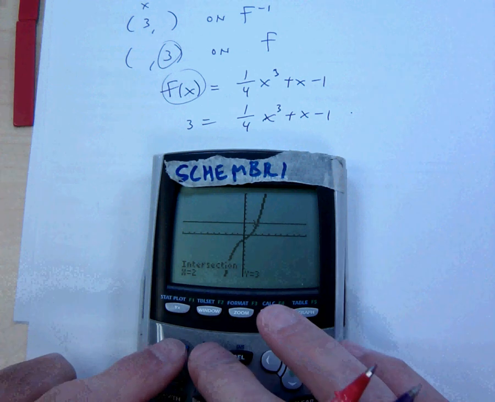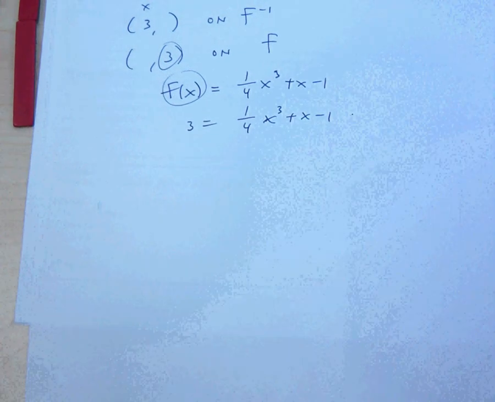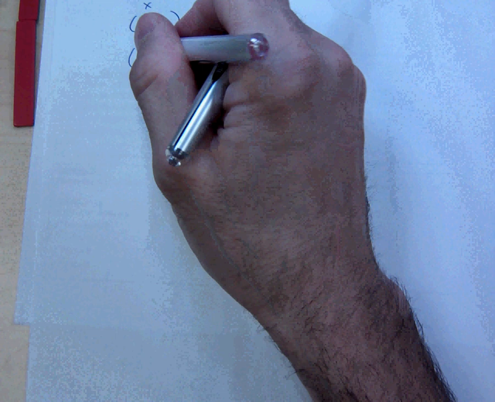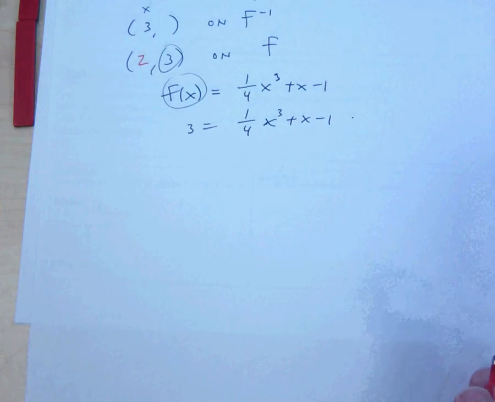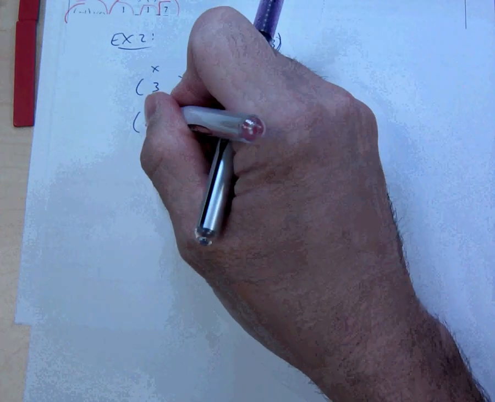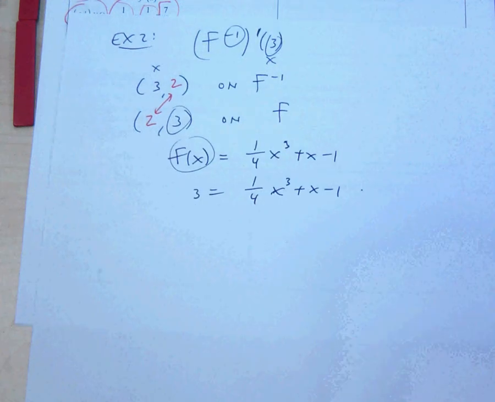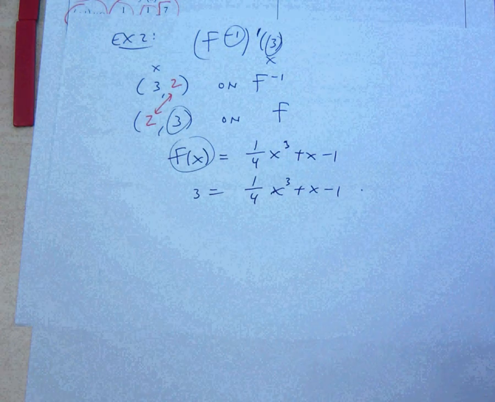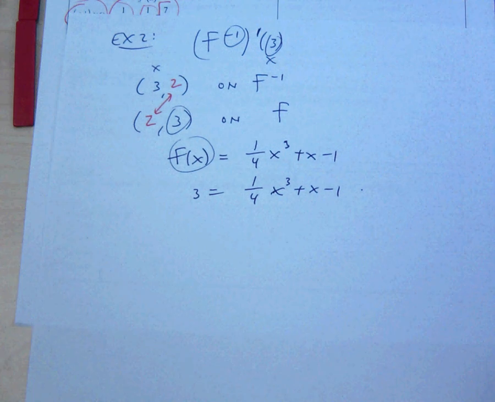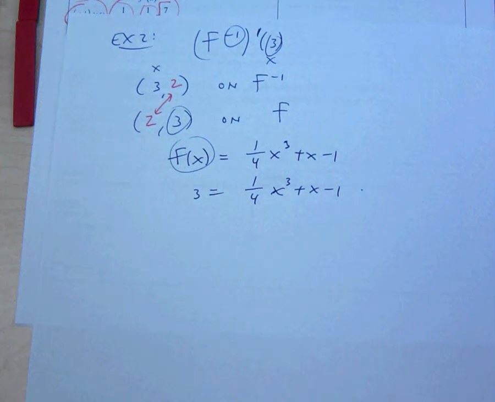And so what that means is we have the point (2, 3) on f, which would now correspond to the point what? (3, 2) on f inverse, right? Following me? Yes? Any questions so far?